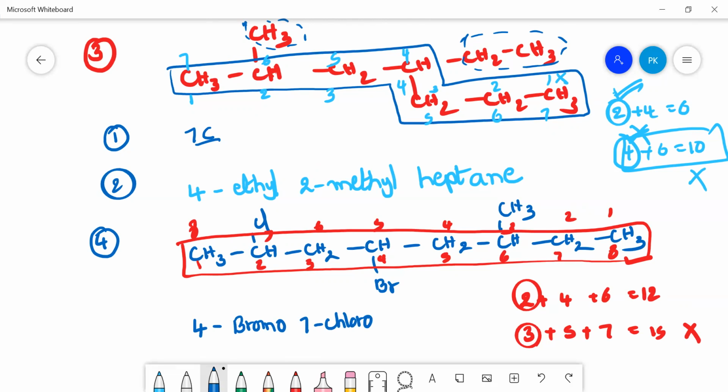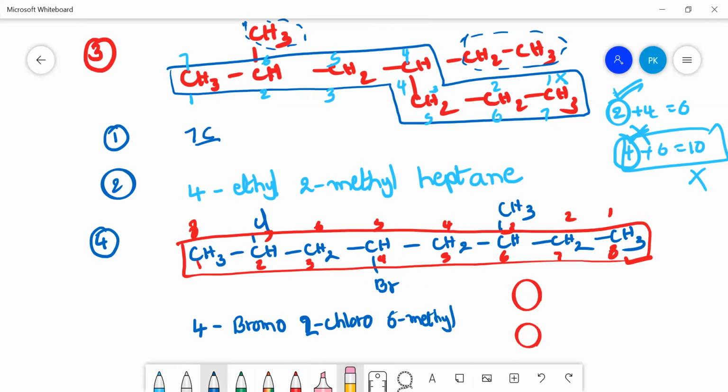Sorry, students, 2 chloro. 4 bromo, 2 chloro. Next is 6 methyl. And there are total 8 carbons, so 8 carbons means oct, with single bonds, so octane. That's it.